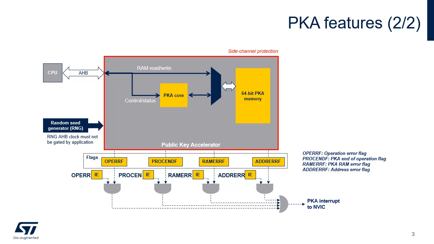During this time, the setting of the EN bit in PKA-CR is ignored. PKA side-channel protected operations, like modular exponentiation for RSA decryption, scalar multiplication, and signature for ECC, manage secrets that are automatically erased from PKA RAM at the end of the operation.